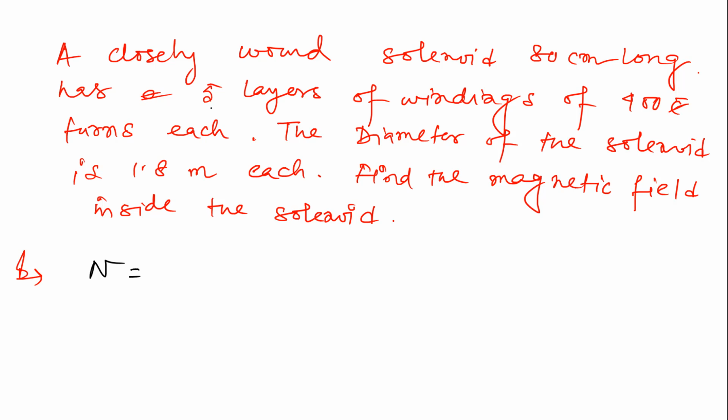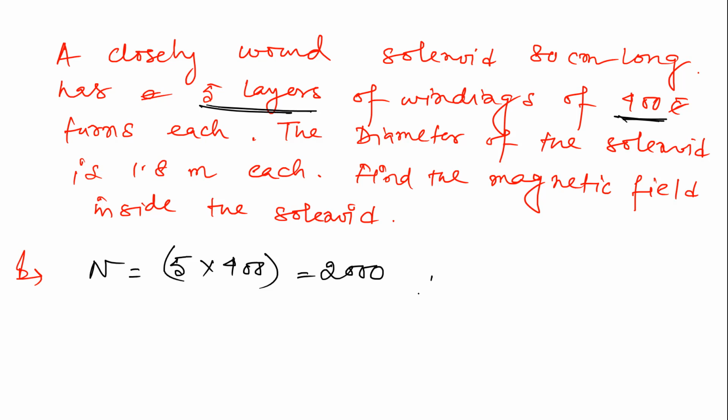It has 5 layers of windings of 400 turns each. So what will be the total number of turns? That is the number of layers multiplied by the number of turns in each winding, which equals 2000 turns, right? So 2000 total number of turns we have just found here.